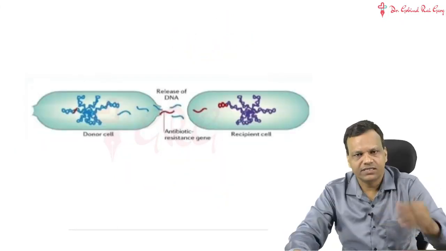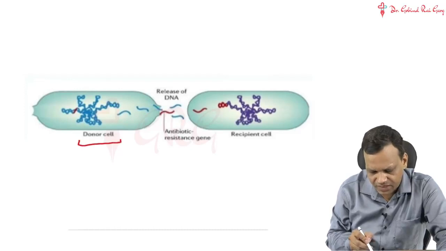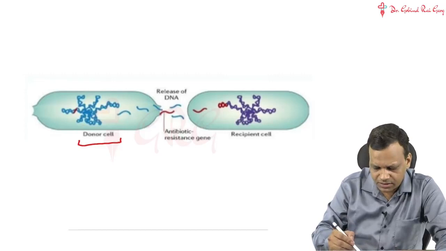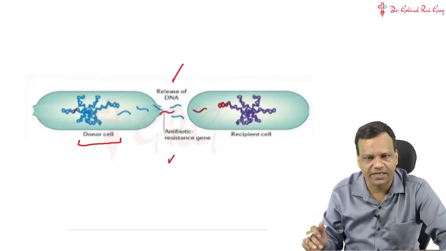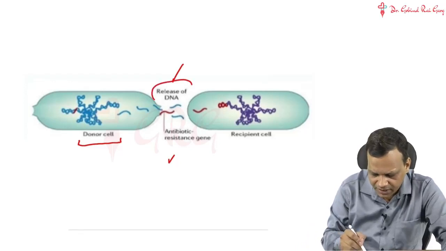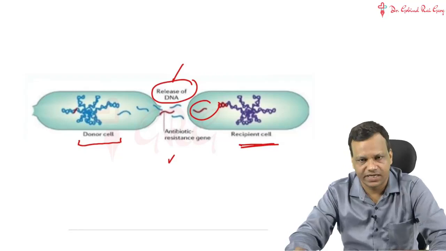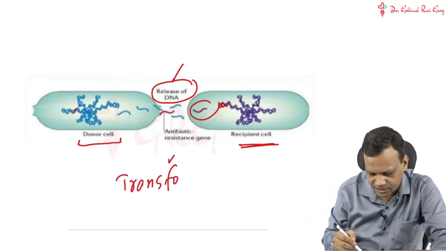Second, this is the bacteria which is resistant. It sends its DNA into the environment, free environmental DNA, and that free environmental DNA is picked up by another bacteria, which becomes resistant. This method is known as transformation.